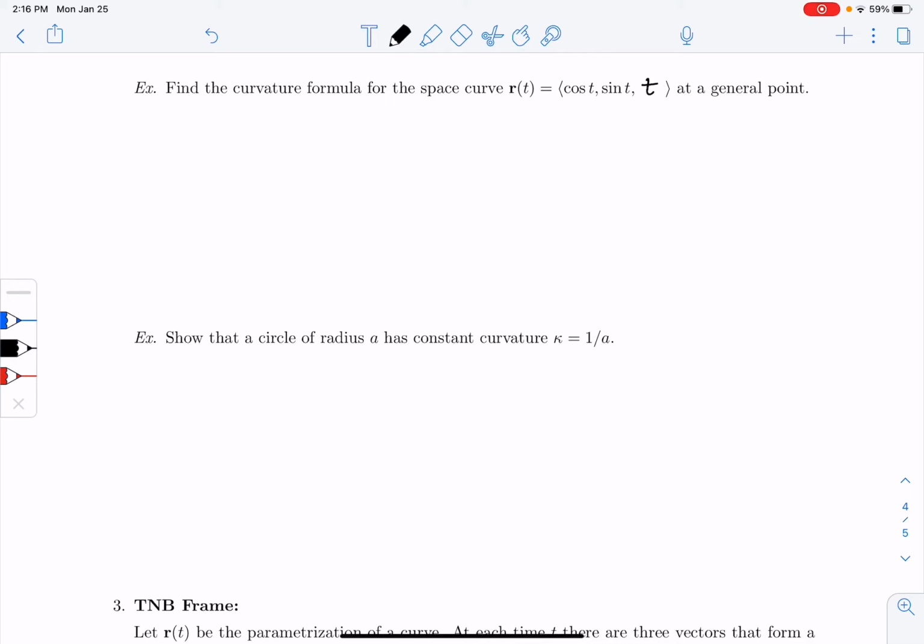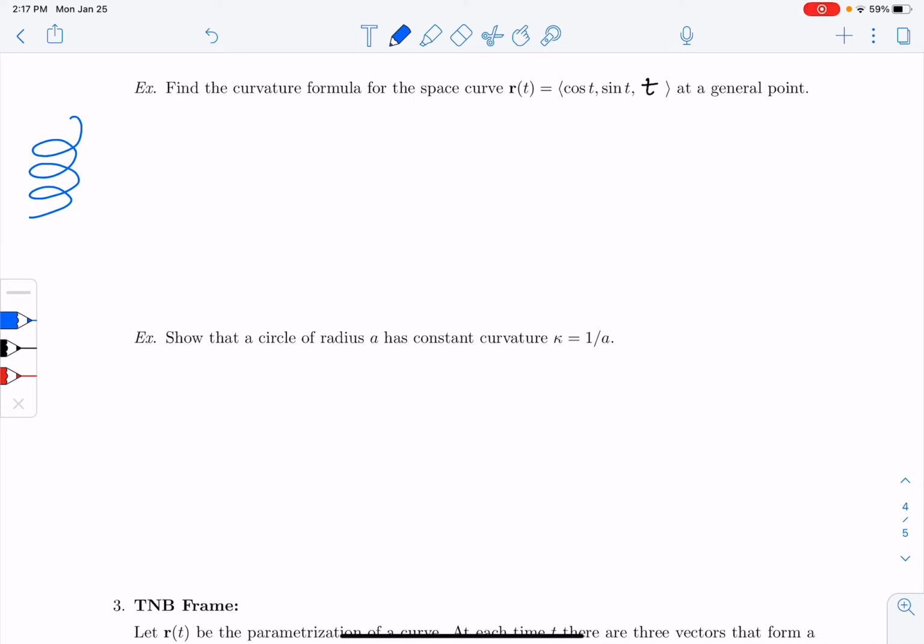So this is the helix curve that we have looked at before. So in 3D, it looks something like this. Okay. And we want to find the curvature formula for that curve.